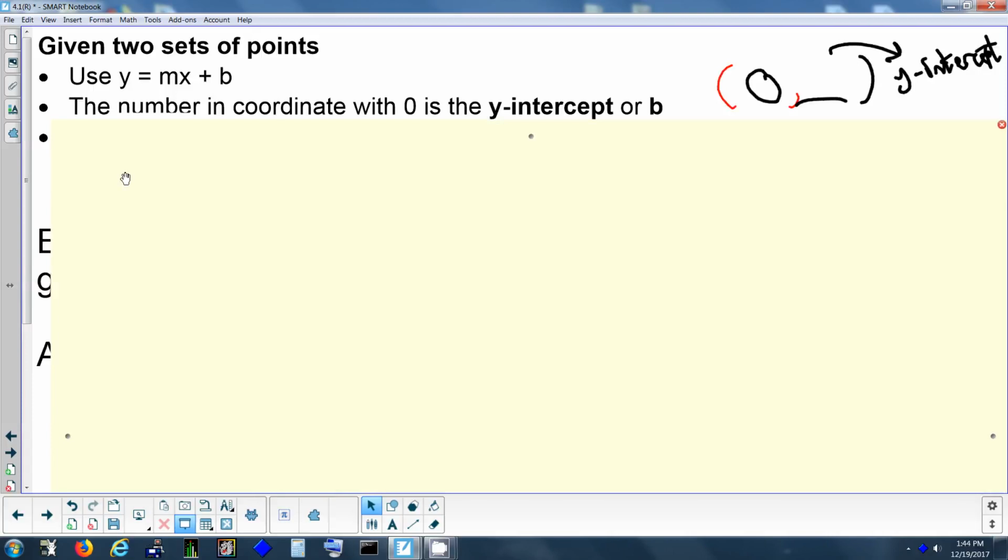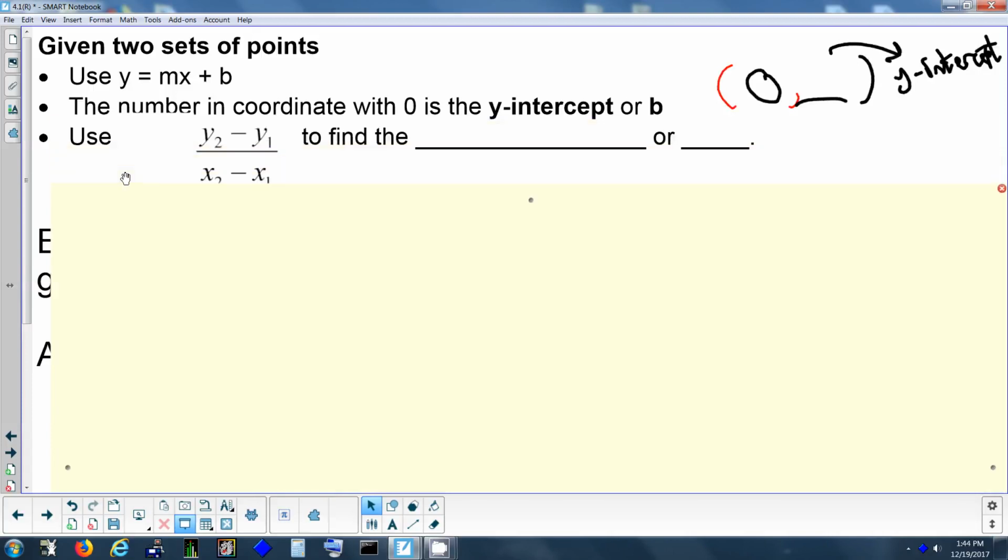Next thing. In this case, because we're not given a graph anymore, we can't count. So we have to use y2 minus y1 over x2 minus x1. We have to plug it into that formula. That formula is going to give me what?